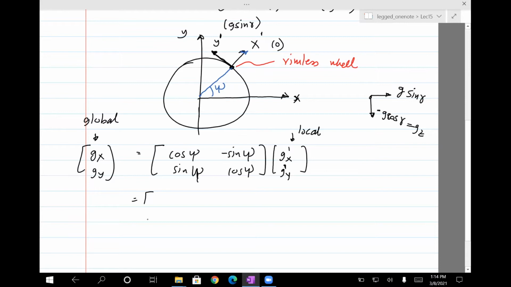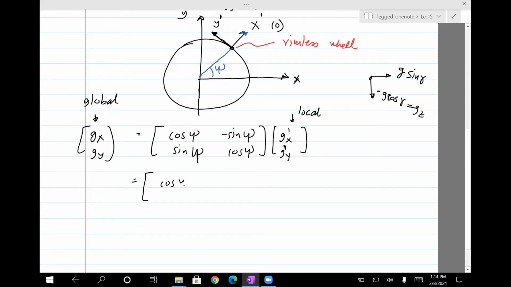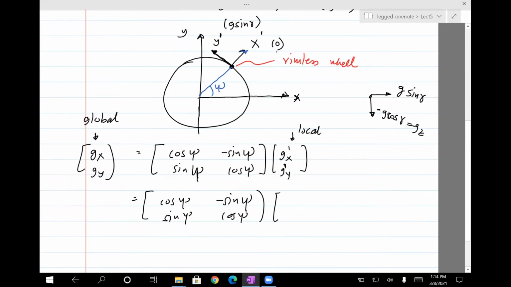This is basically the same formula I wrote down for rotating frames. So now let's just substitute the values: cosine psi, minus sine psi, sine psi, cosine psi. The component in the x direction is 0. The component in the y direction is g sine gamma.